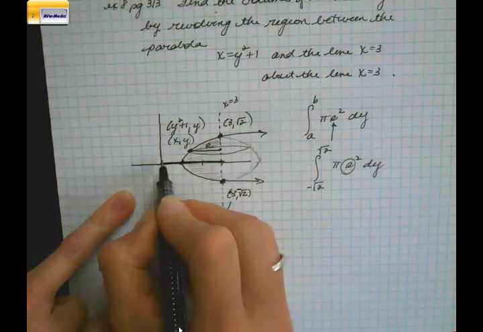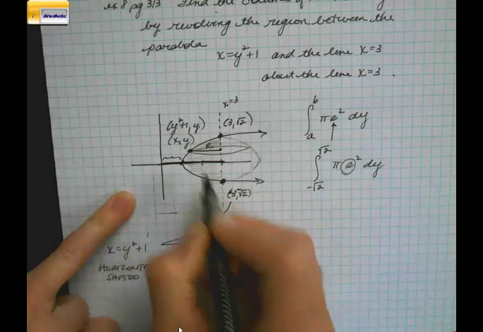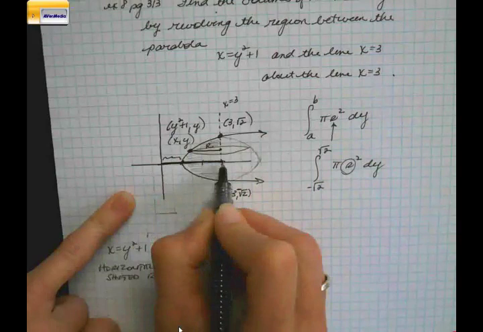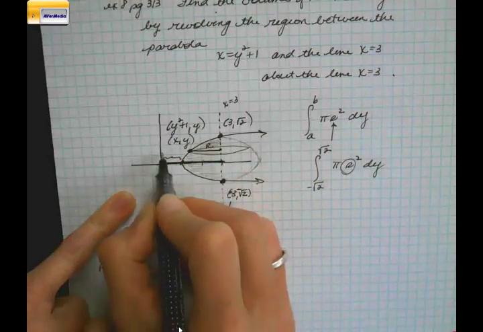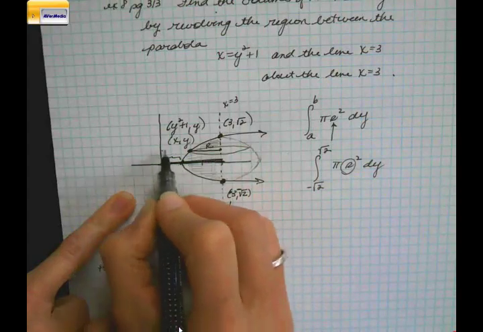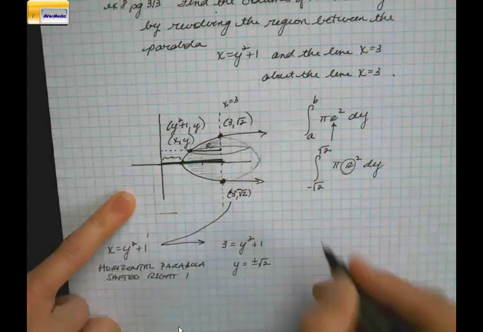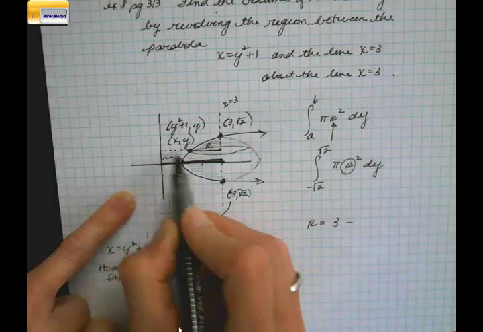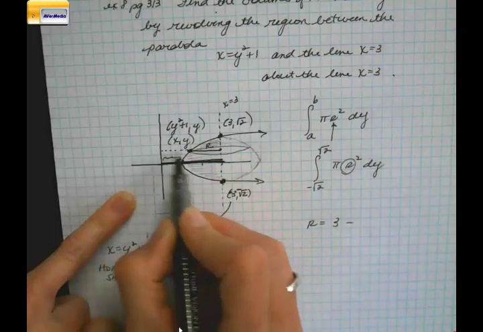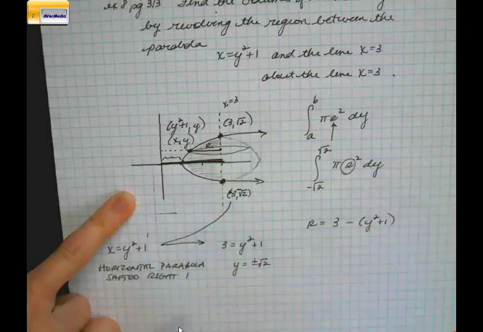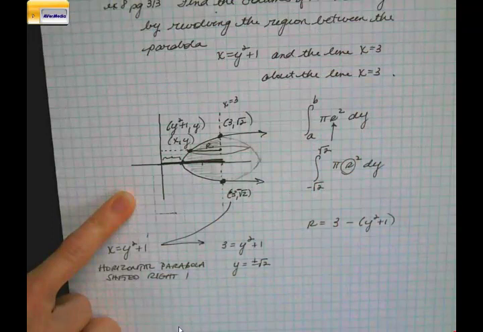So you're taking the 3 minus this amount to get this amount, right? The whole minus the part. The whole, which is 3, minus the part. So your r is the whole length of 3 minus this dashed line distance, which is y squared plus 1. The whole of 3 minus the part y squared plus 1.